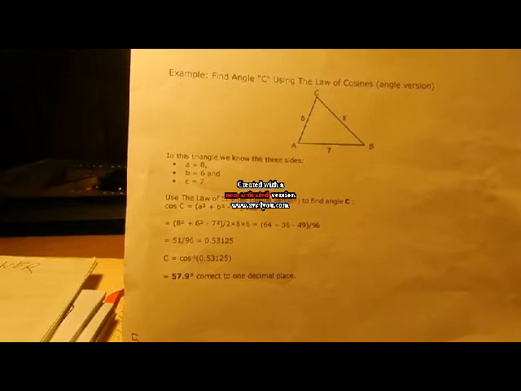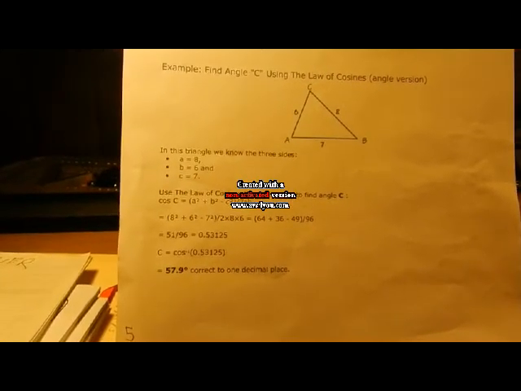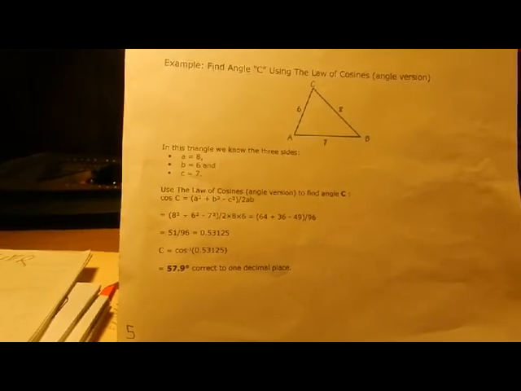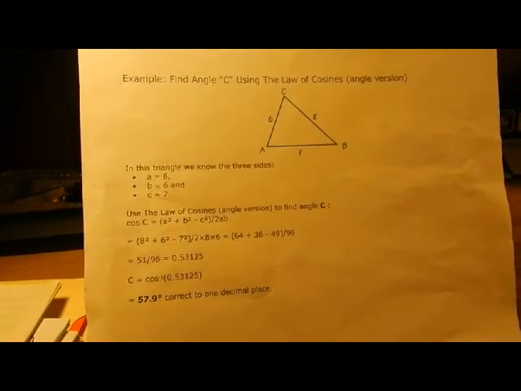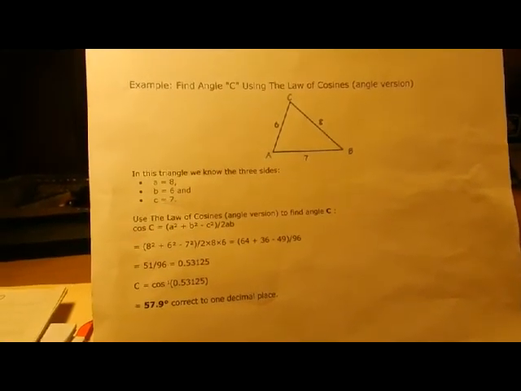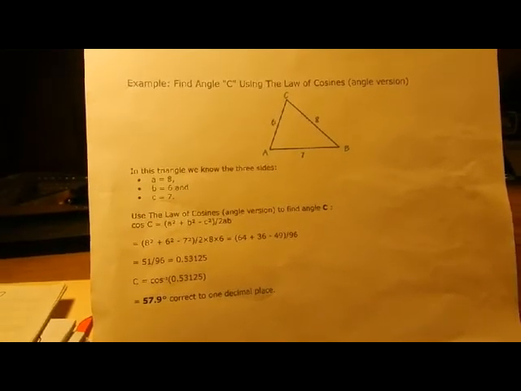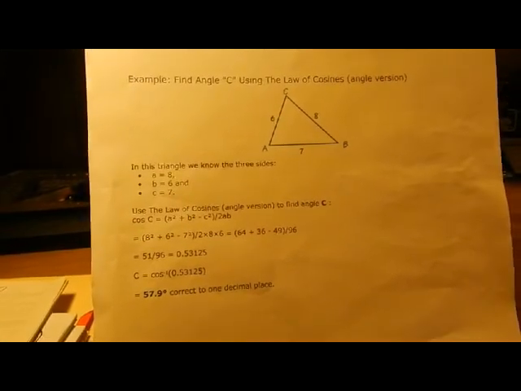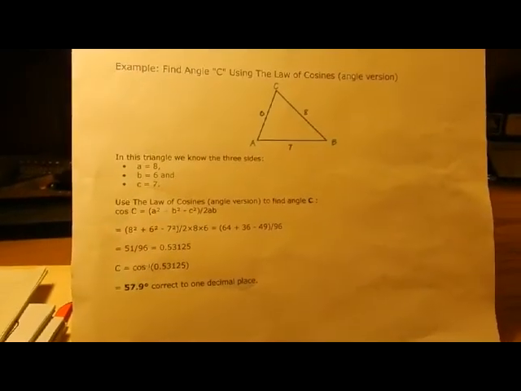Plug in the values we know, which is (8² + 6² - 7²) / (2 × 8 × 6), which equals (64 + 36 - 49) / 96, which equals 51 over 96, which equals 0.53125. C = cos⁻¹(0.53125), and your final answer is 57.9. Use negative 1 cosine because it's the inverse because you're trying to find an angle.